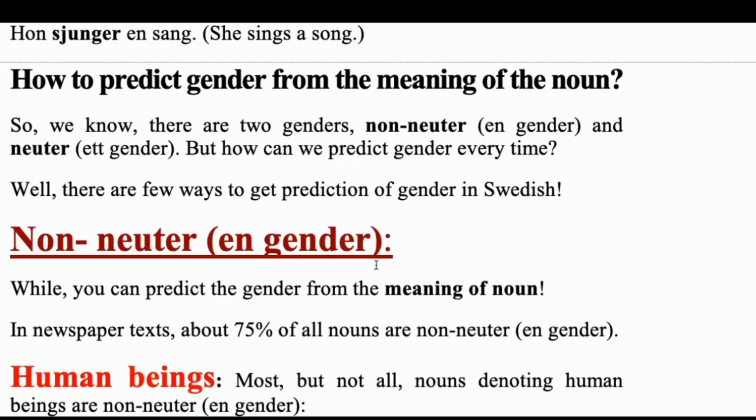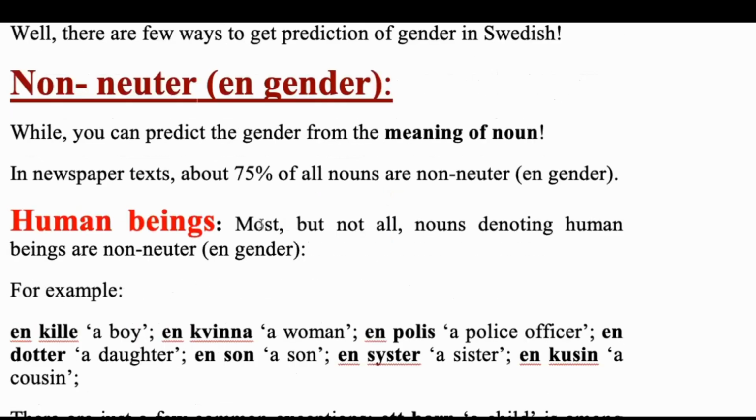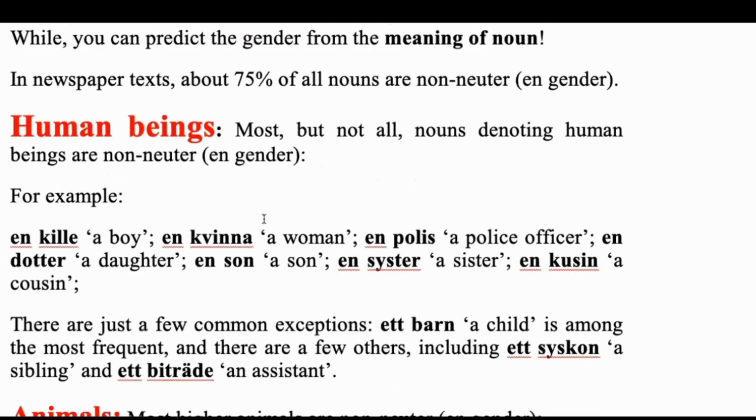So first we check for n gender or non-neuter gender. In this category, we have first human beings, meaning all the nouns that come under human beings, there are 99% chances they are n nouns. There are a few exceptions that we have mentioned here.